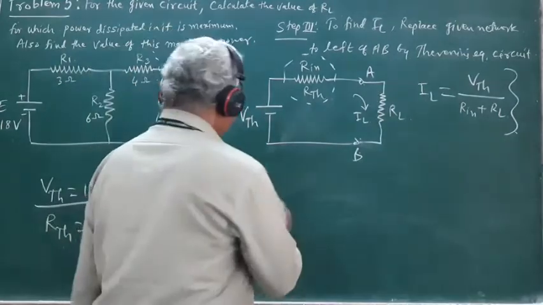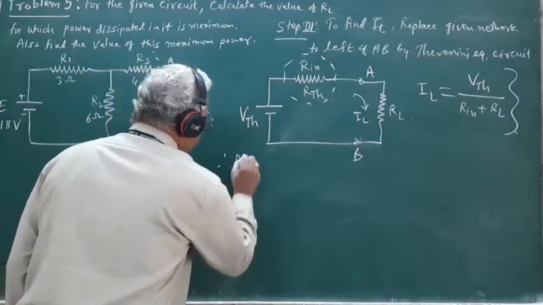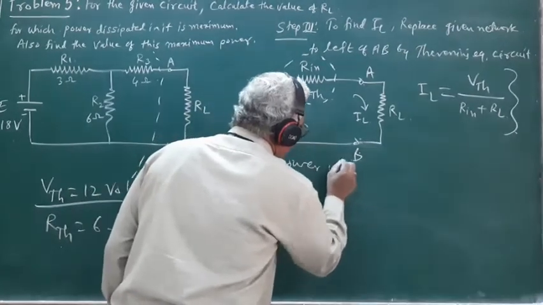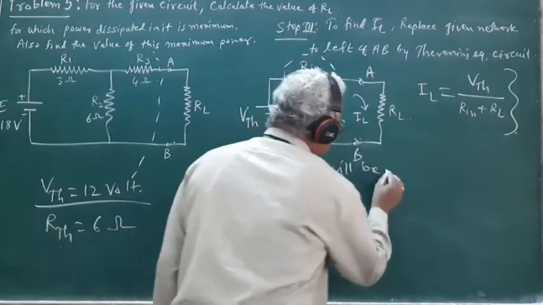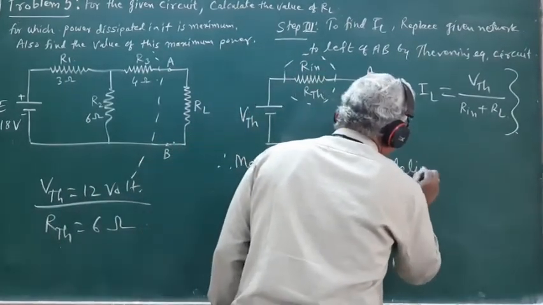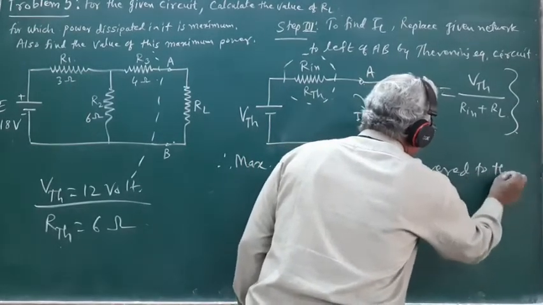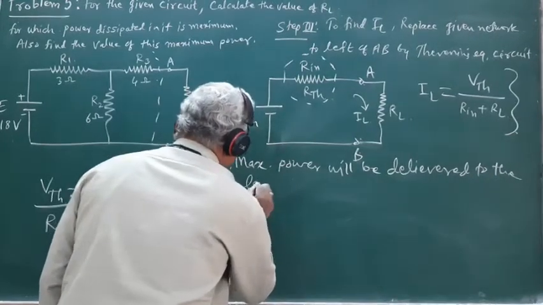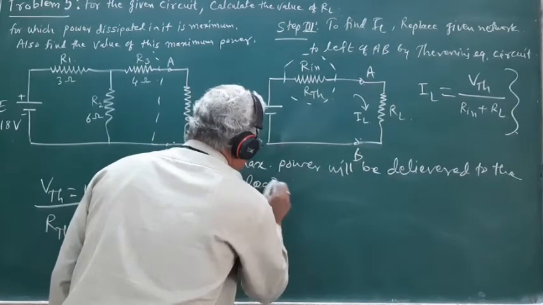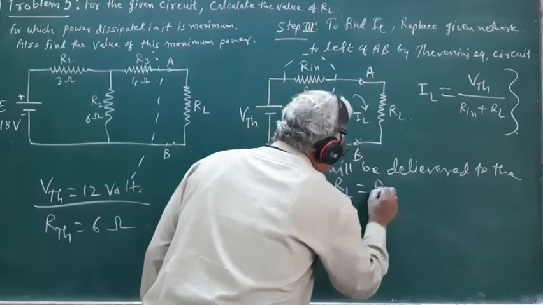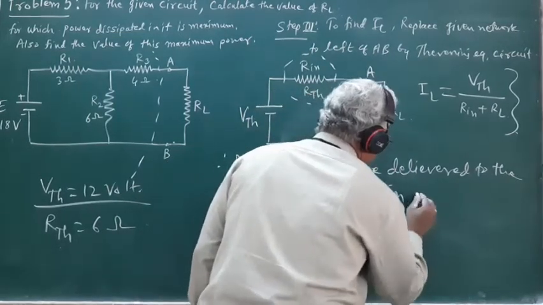So the maximum power will be delivered to the load resistance when RL is equal to RTH.